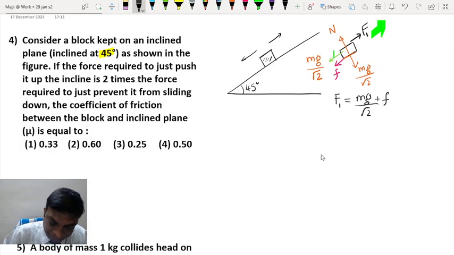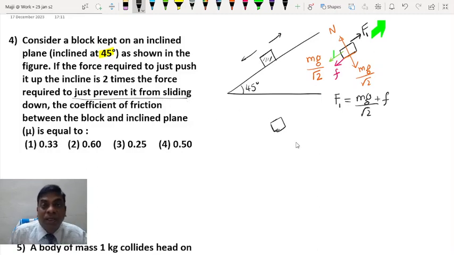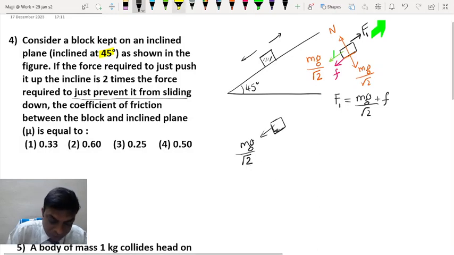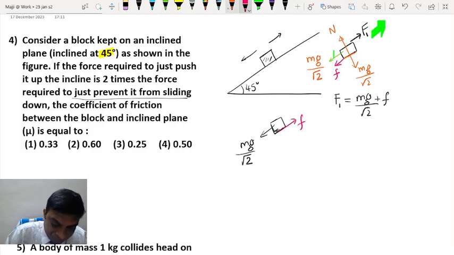Then coming to the next situation, the block is just prevented from sliding down. So as you know, the mg sin theta component tends to bring the block down. So naturally friction will oppose. But even though friction is acting up, it may not be adequate enough to stop the block from sliding. So in that case, this time the force is applied like this.